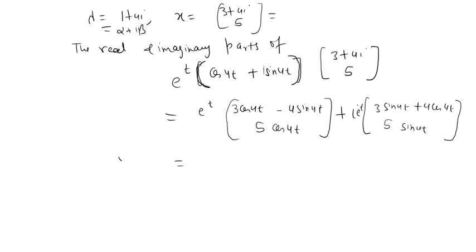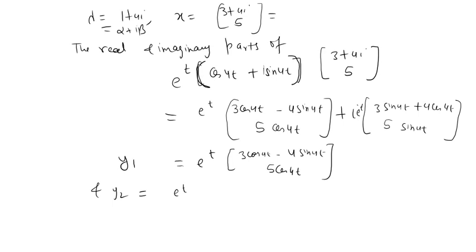So we have y1 equal to the real part, which is e^t times the column vector (3 cos 4t minus 4 sin 4t, 5 cos 4t), and y2 equal to the imaginary part, e^t times (3 sin 4t plus 4 cos 4t, 5 sin 4t).